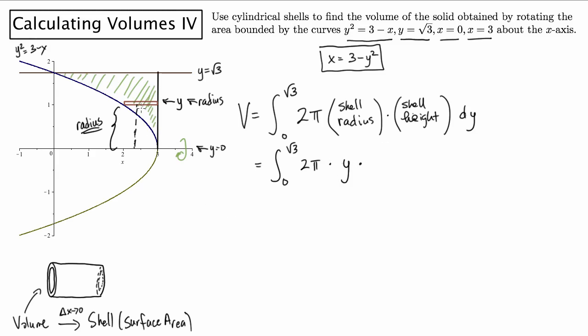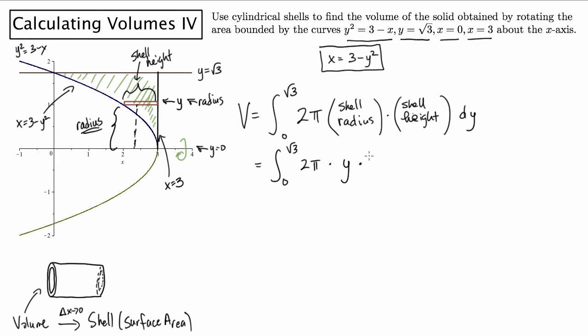And the shell height refers to the actual width, in this case, if you want to think about it that way. This is the shell height. And since I'm integrating horizontally there, shell height is nothing more than right function minus left function. Now those are in terms of x. So the rightmost function here is the line x equal to 3, and the left function is the line x equal to 3 minus y squared.